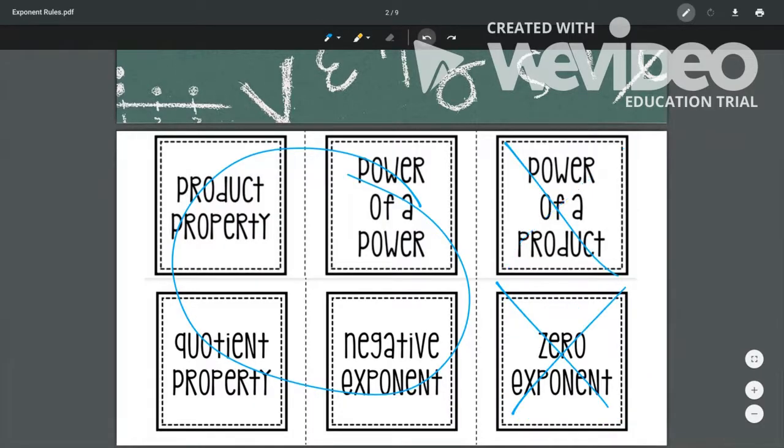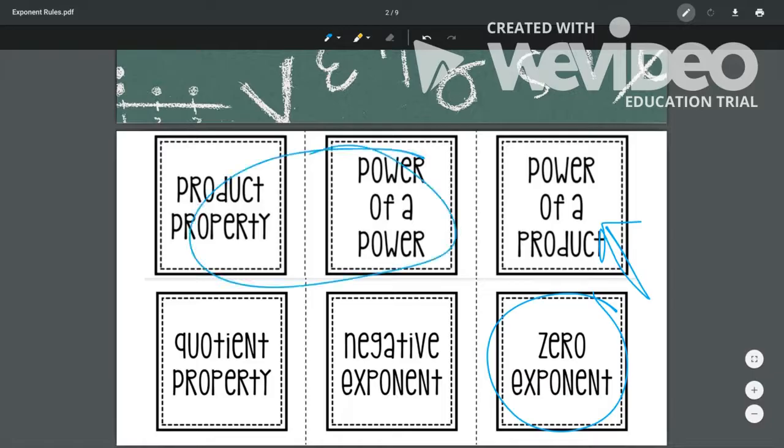So the only one that you really, truly even need to know that's not on the formula chart is this one. Because for this one, if you expand, you will definitely understand and you will only have to use one of these properties and not worry about remembering anything extra. So just know this one because everything else is on the formula chart. So we're going to go through each of these properties one at a time.